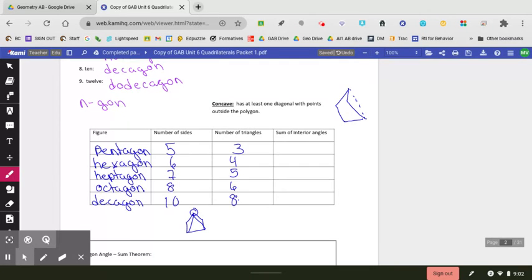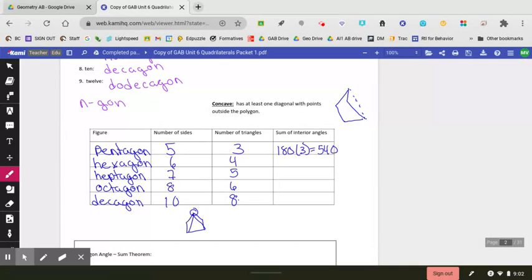Okay, so I filled in mine for pentagon, hexagon, heptagon, octagon, decagon. Hopefully you see that the number of triangles is always two less than the number of sides. And when I'm doing the sum of my interior angles, I multiply 180, which is a triangle, times the number of triangles.